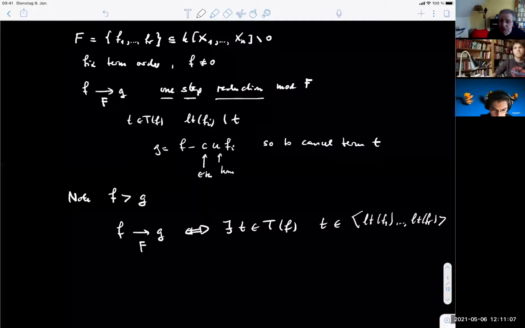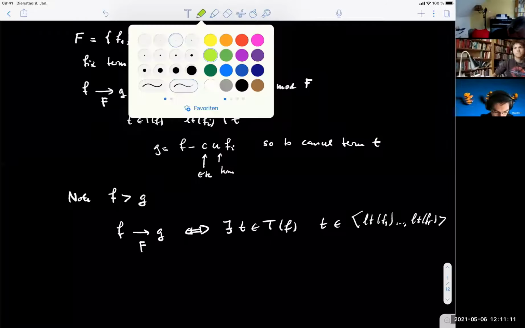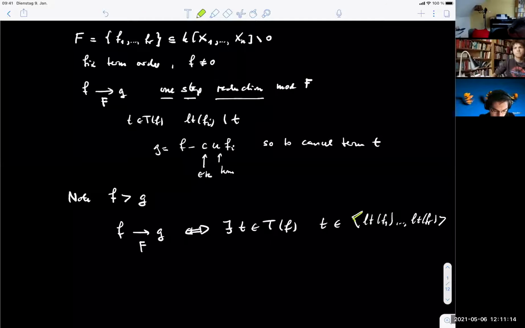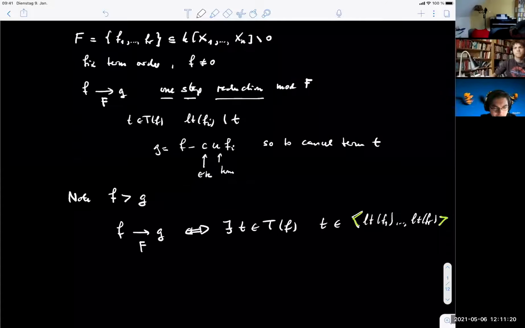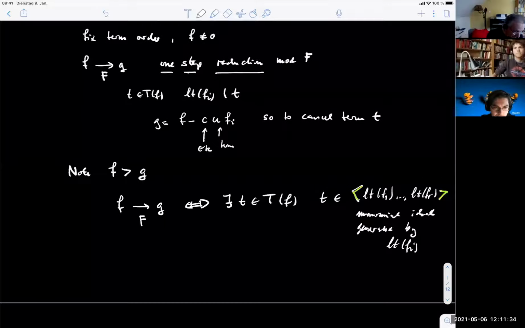I use this symbol with these brackets, in German "eckige Klammern", to denote the monomial ideal generated by these terms.